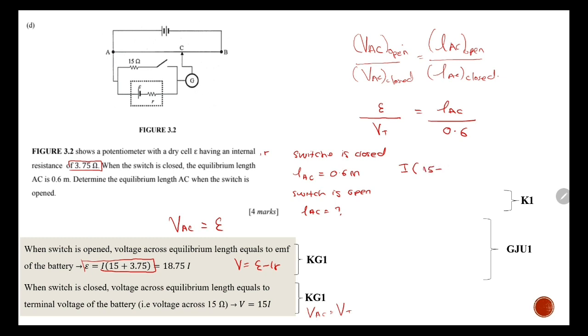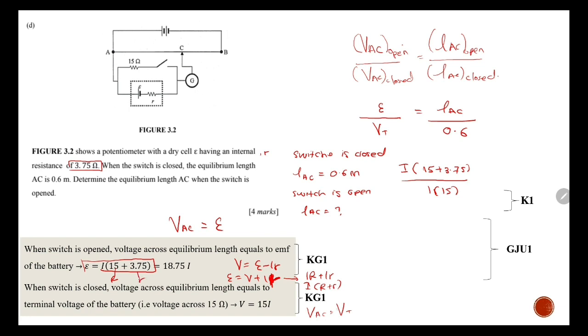So EMF is equal to V plus IR, so we get I times R plus r. Here, R is the big R and r is the small r. That is the EMF.